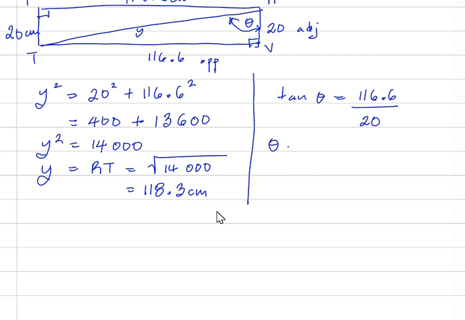So theta is equal to tan inverse of 116.6 divided by 20. So theta, which is angle TRV, would be equal to, let's find it out.